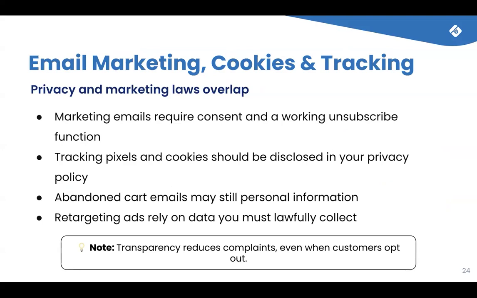What is less obvious, of course, is cookies, tracking pixels, and retarget ads that rely on personal data. If there's any cookies that collect any information, you need to have a clause in your privacy policy disclosing it. The rule of thumb is that if you're using data to track, target, or market to your customer, you need to be upfront about it and set it out in your privacy policy.